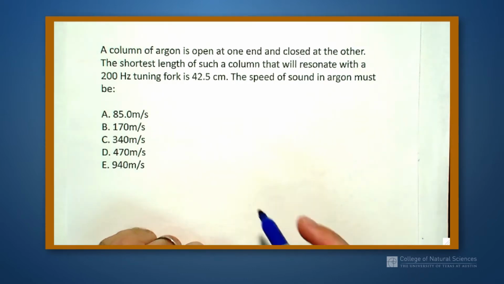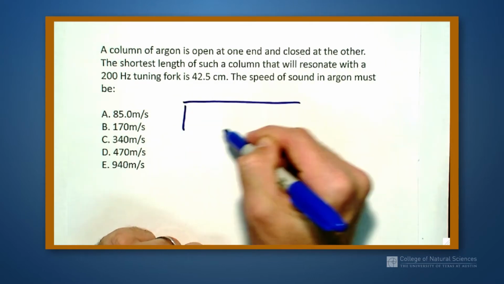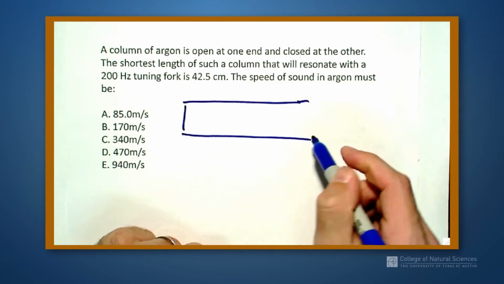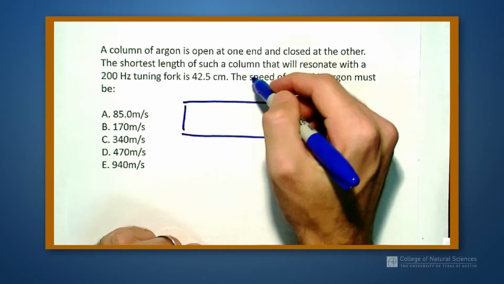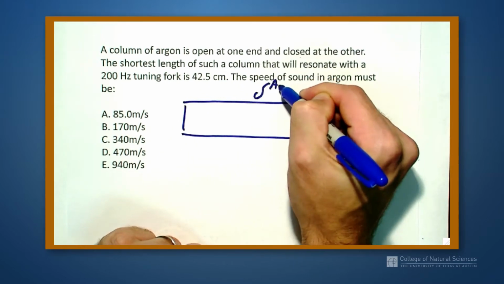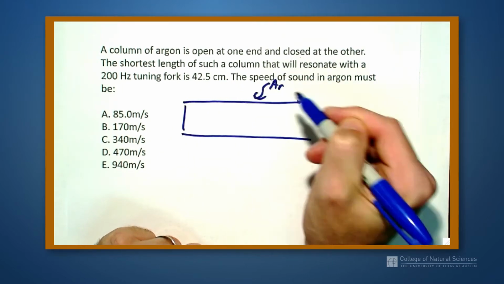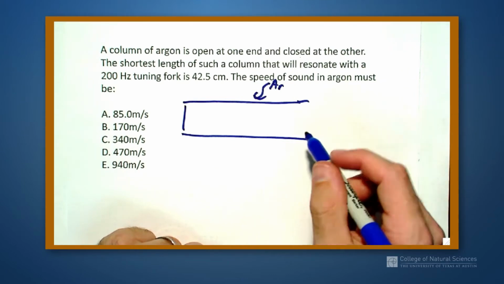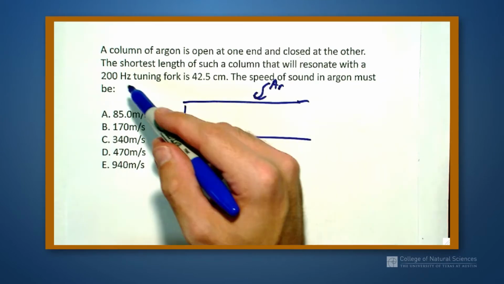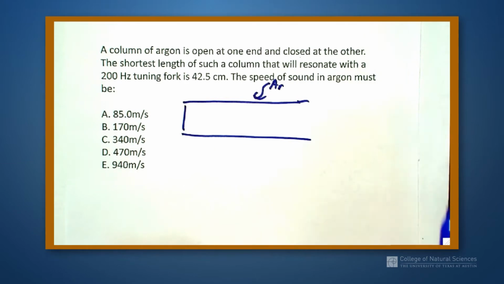So I take a look at this problem and I say that I have a gas-filled tube, and there's argon in here. We're going to have it resonate with a 200 Hertz tuning fork.